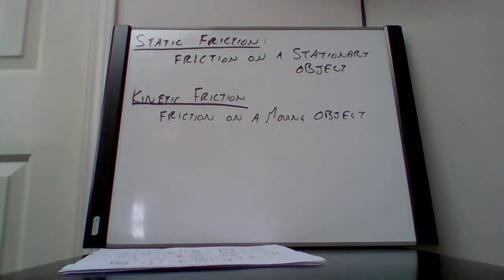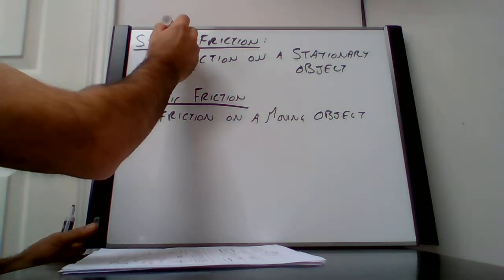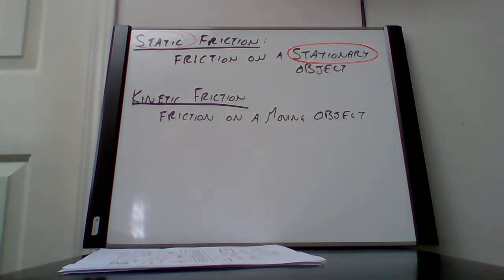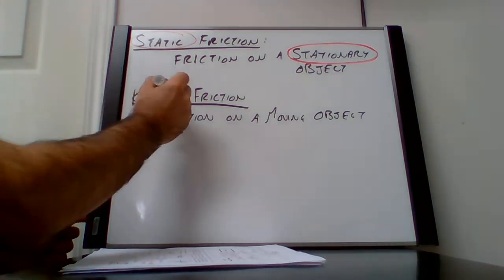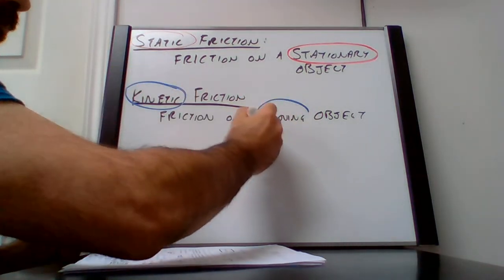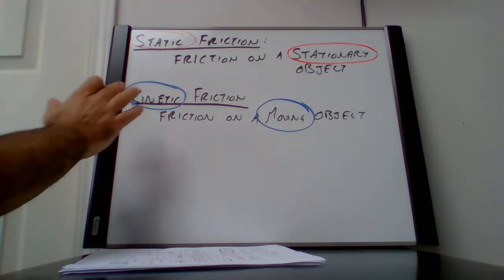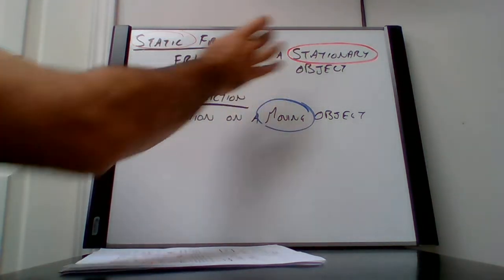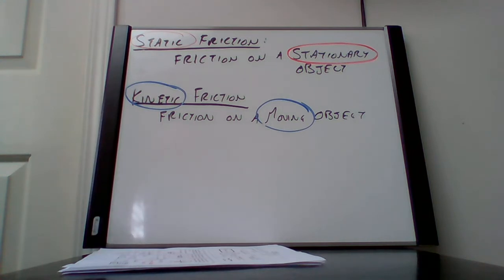Static is on stationary, and kinetic is on moving, right? And we've heard about kinesiology, the study of motion and things like that, right? So kinetic is something that's moving, static is something that is stationary, okay?